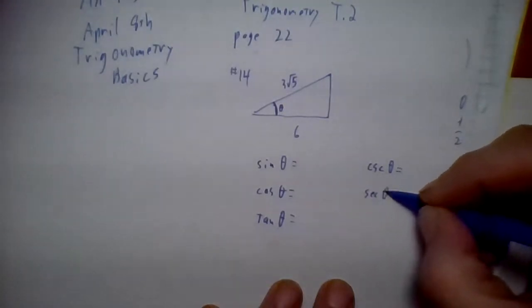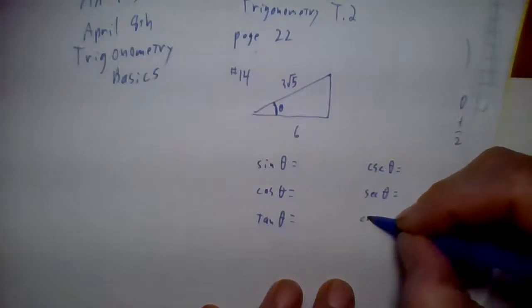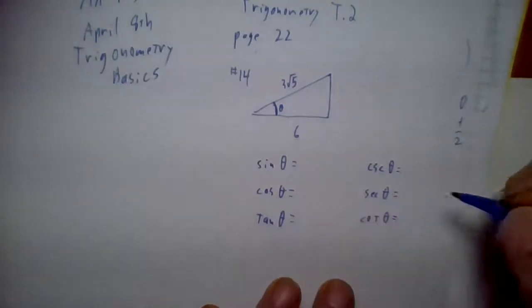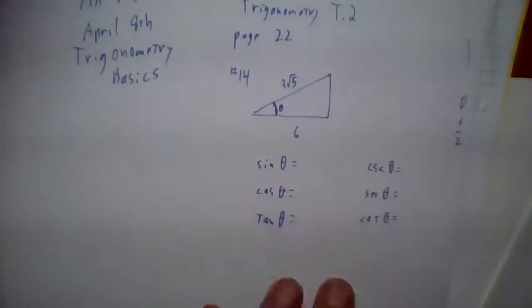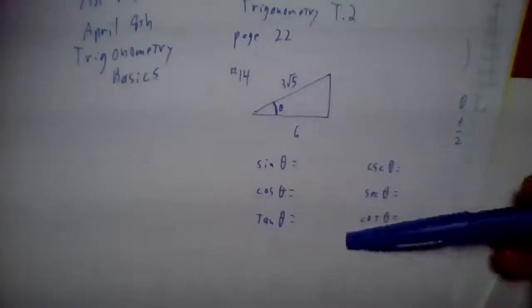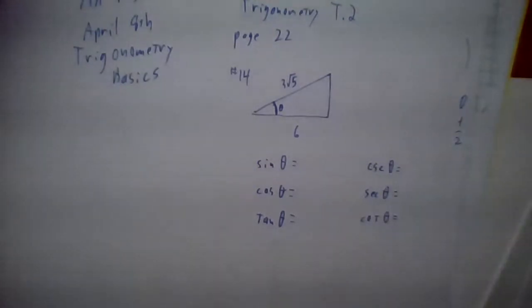And secant theta is the reciprocal of cosine, and cotangent theta is the reciprocal of tangent. All of these are defined as ratios or a fraction, so the reciprocal of a fraction is very easy to do, and they have their own name right there. We're not going to see these names very often. We don't work with them very much, but we should know what they are. And this problem says to find all 6, so we're going to work with all 6 of those.